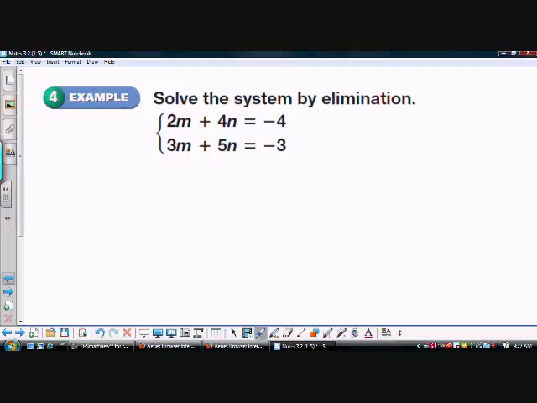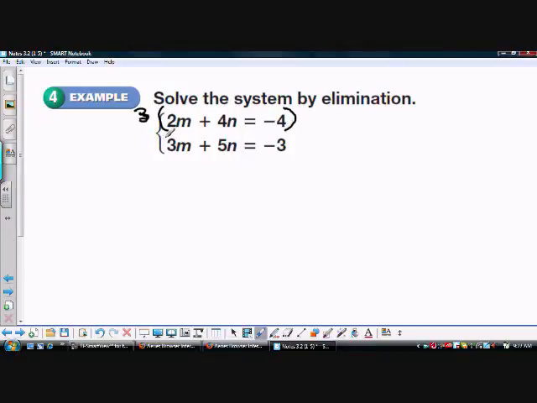So let's say I'd like the same coefficient on these m's here. So if I multiply the top equation by 3, the coefficient from the bottom equation, and I am writing on it. Oh, I'm tricky.